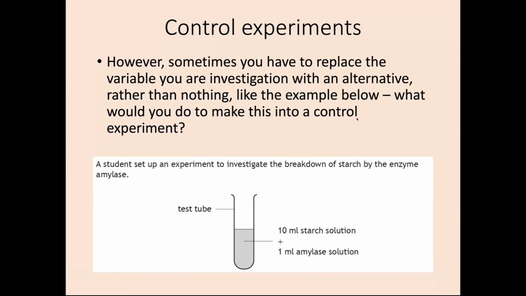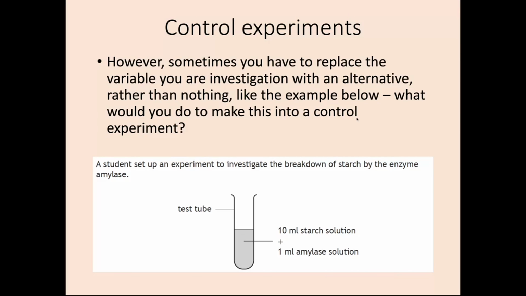But the problem with this experiment is if we just take the amylase away, we're not just changing that one thing in the control experiment, we're also taking away 1 milliliter of solution. So in that original experiment, we've got 10 starch and we've got 1 amylase. So that's a total of 11 milliliters of solution. Now, if we take away the amylase for our control experiment, we're left with 10 milliliters of starch solution. So the volume has also changed in addition to us removing the amylase.